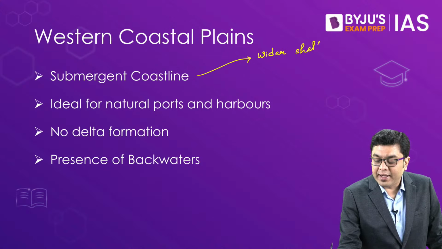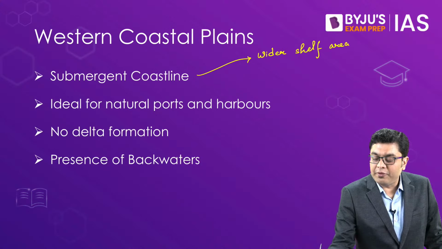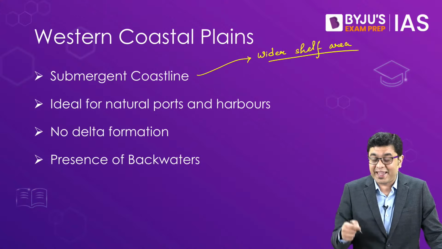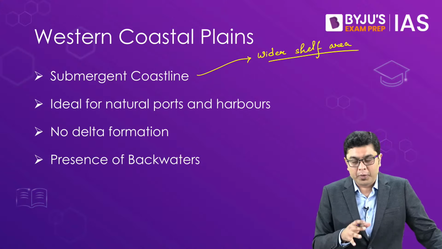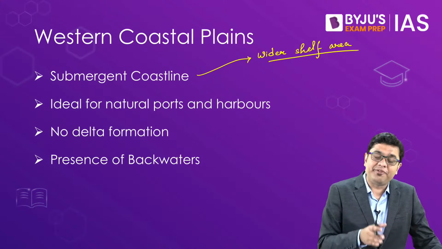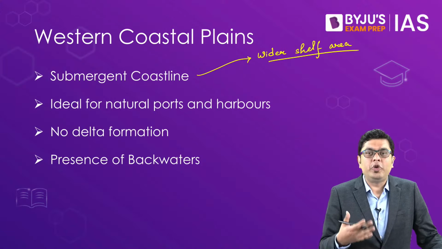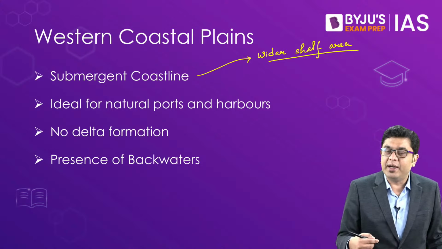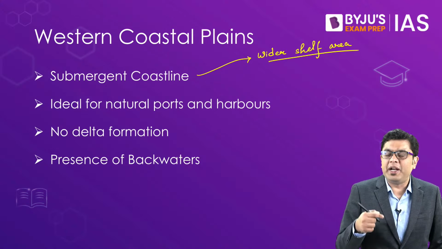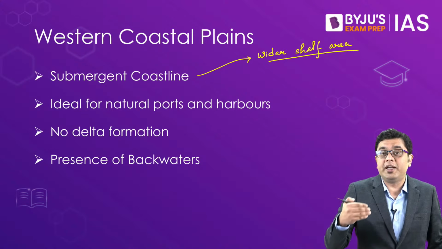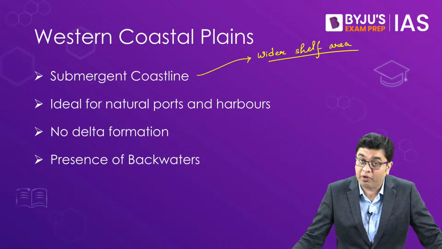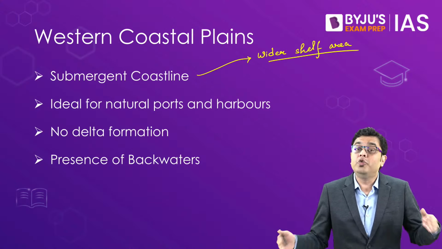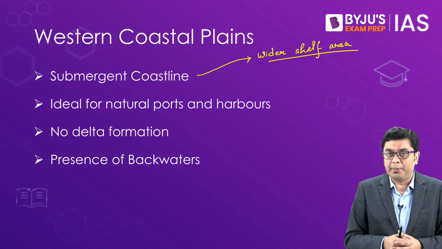Now, shelf area is generally considered to be one of the most productive landscapes in oceanic water bodies. In that shelf area, the amount of biodiversity will always be very significant, because in the shelf area, not only do you have the availability of sunshine which allows a significant producer community to thrive, but also you have a lot of fossil fuel deposits.